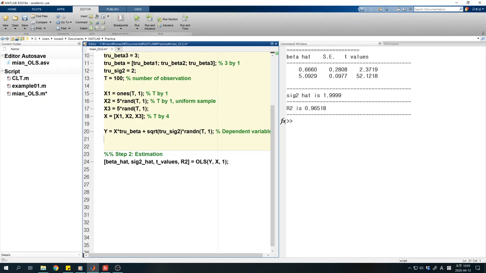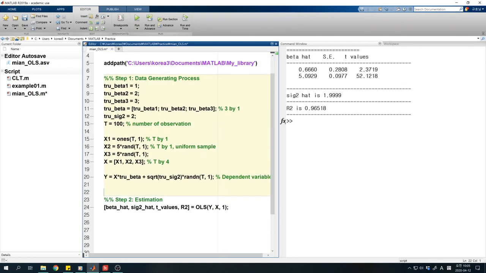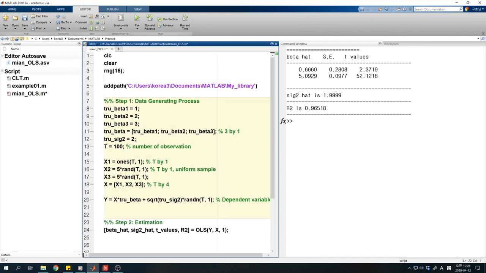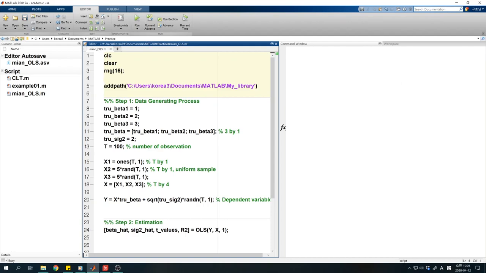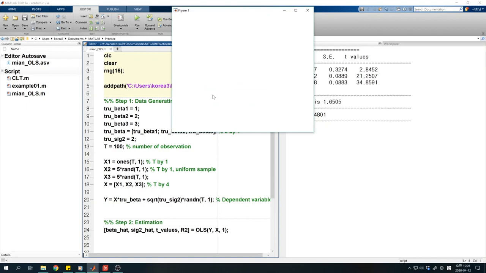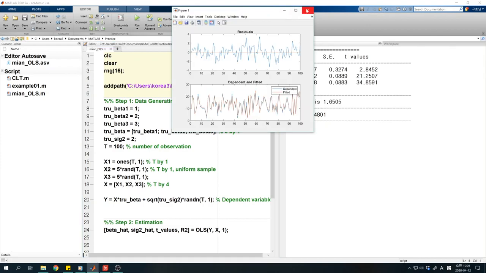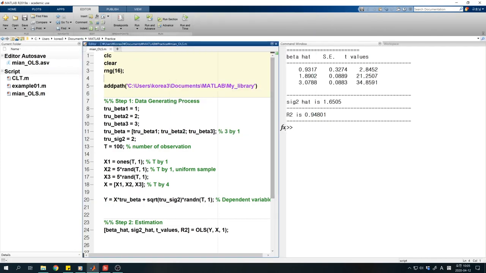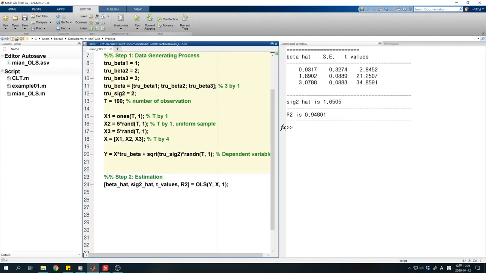Actually we will, because we are going to compare the estimated result from the OLS and Gibbs sampling both. Let me run it first, just to make sure it runs. Yes, it runs, right? We are going to do this later.